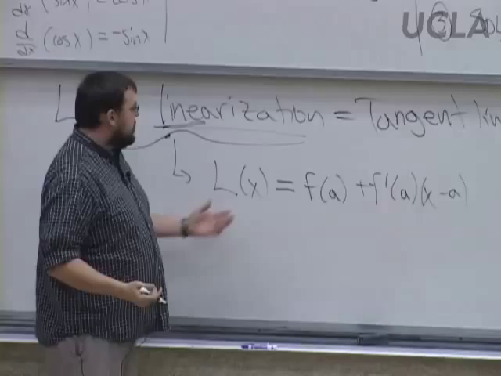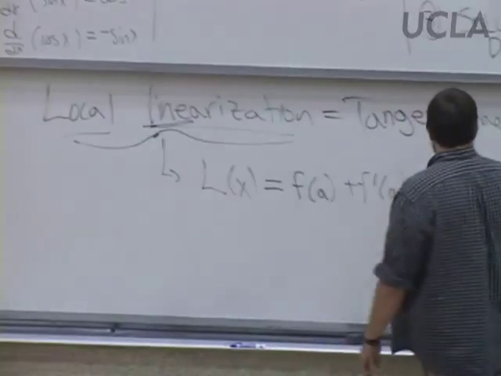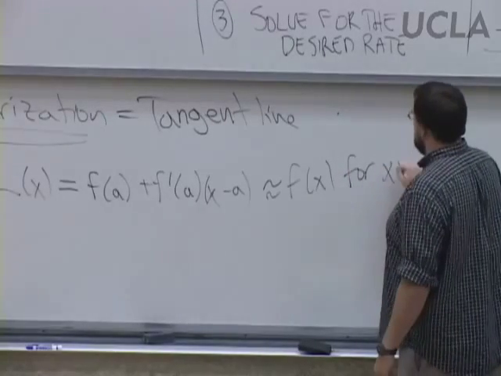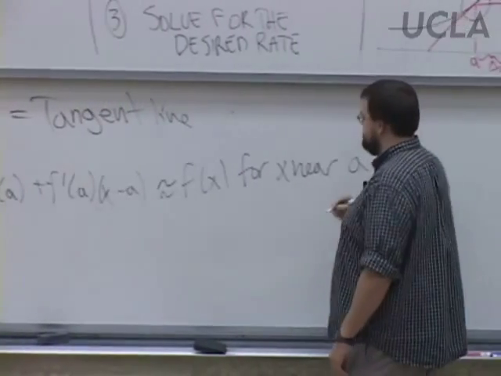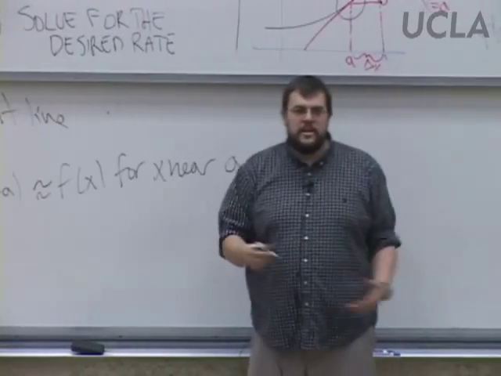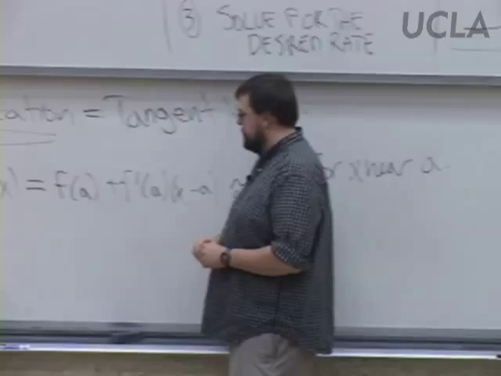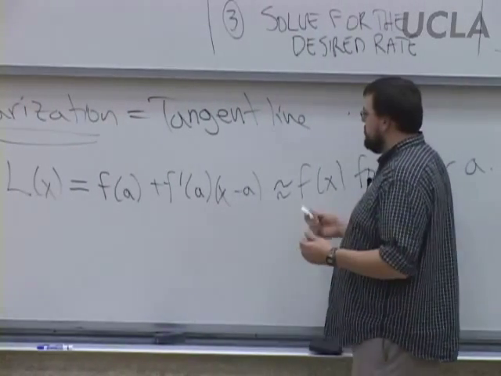And the moral of the story is that the local linearization is approximately f of x for x near a. And that's just the same thing as saying that the tangent line is approximately f of x for x near a. So how did we use this last time?